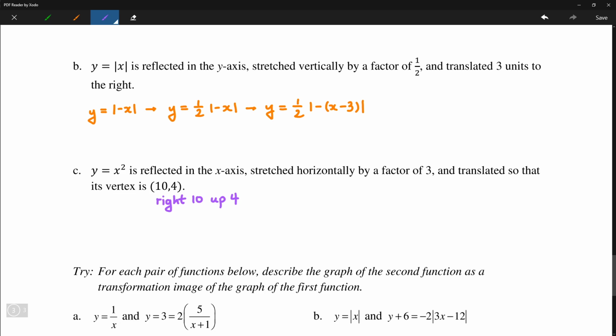Okay, so I guess we can handle it just like we did in example B. So y is equal to negative x squared after the first transformation, reflect in the x-axis.